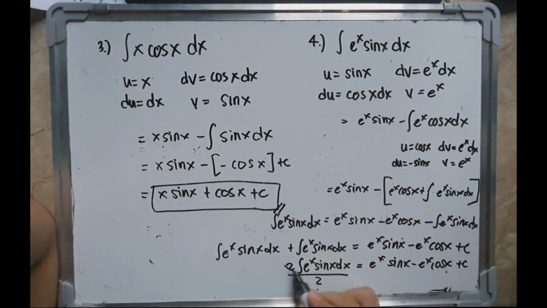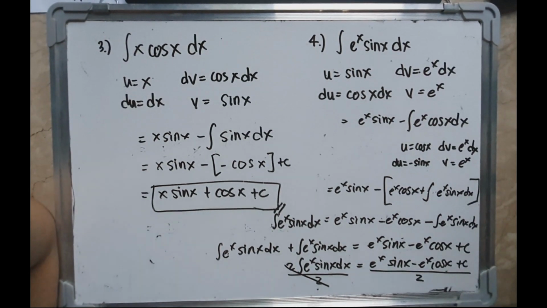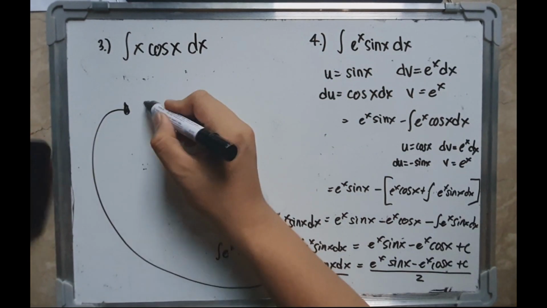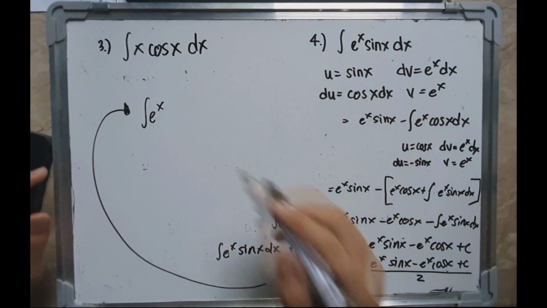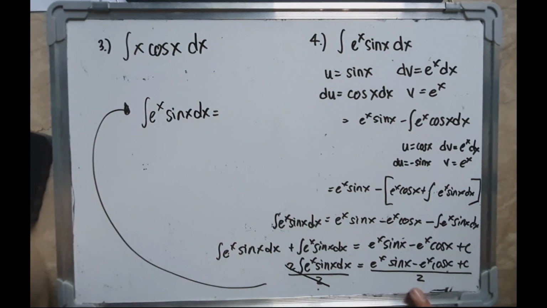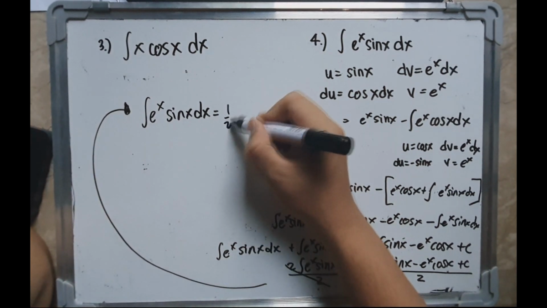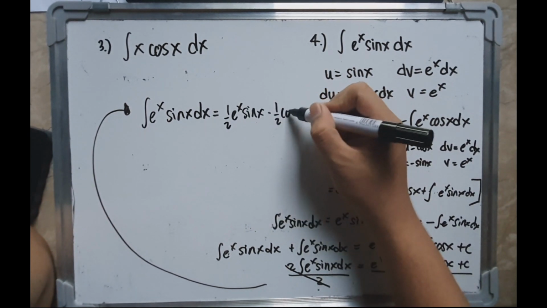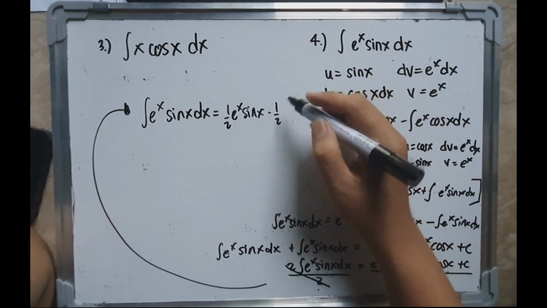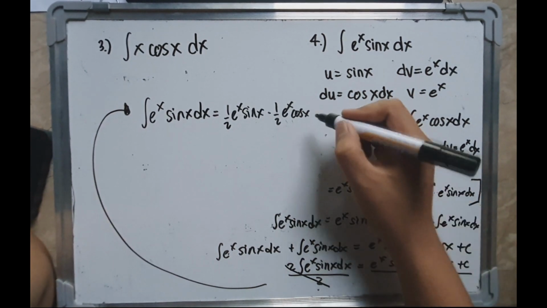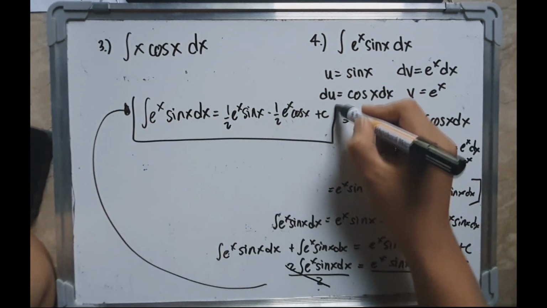Dividing both sides by 2, the final answer will be the integral of e to the x sine x dx equals 1/2 e to the x sine x minus 1/2 e to the x cosine x, as this 2 will be split to all our terms for the numerator. C over 2 will be C as our final answer.